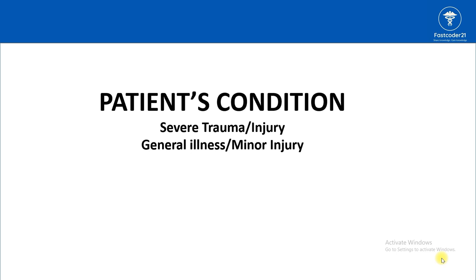So what is most important in the concept? If the patient came in for severe trauma or injury, it will come under trauma coding. If the patient came in with a general illness or minor injury, we need to code from ER coding.